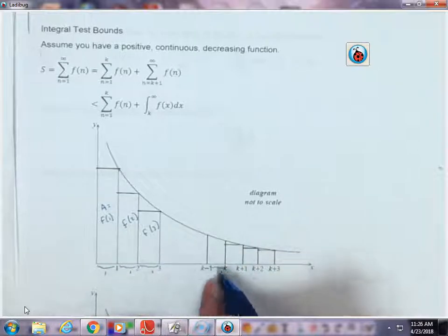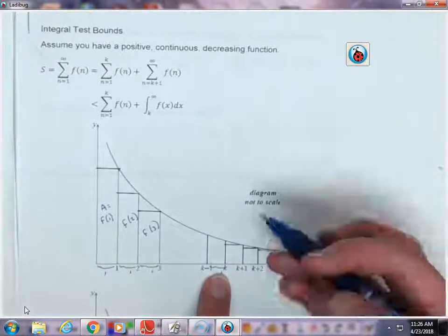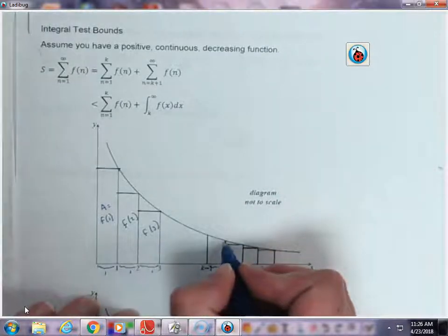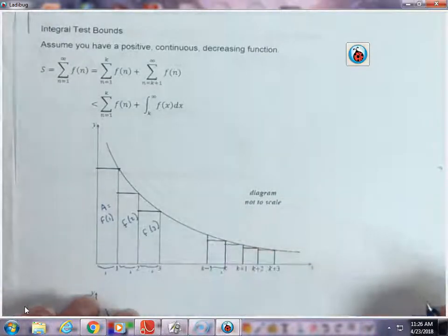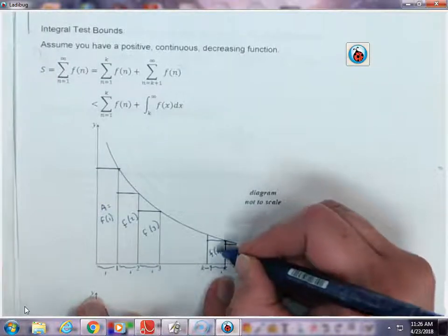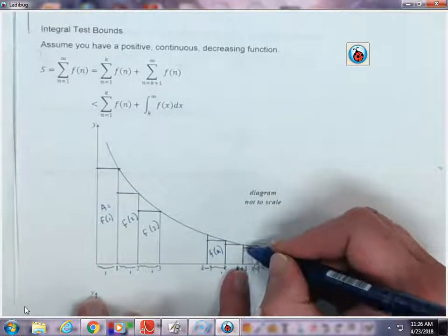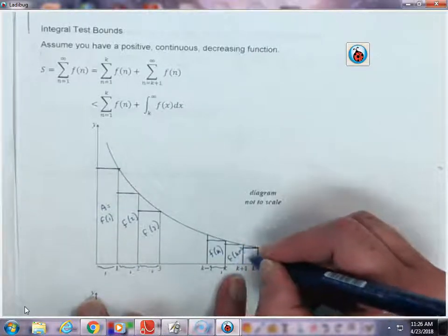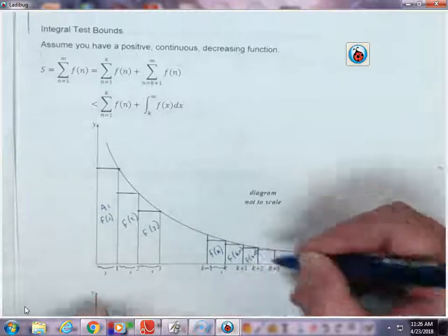It's going to keep going, but if I continue the same pattern, this one would be f of k high times 1. Going with the right-hand endpoint, the next ones are f of k plus 1, f of k plus 2, and so on.